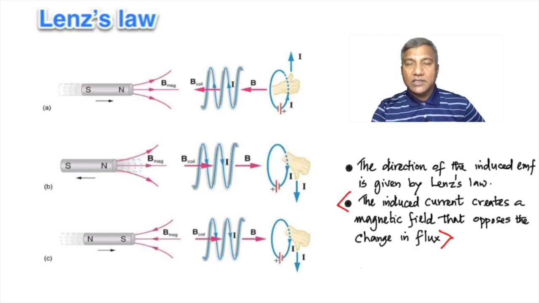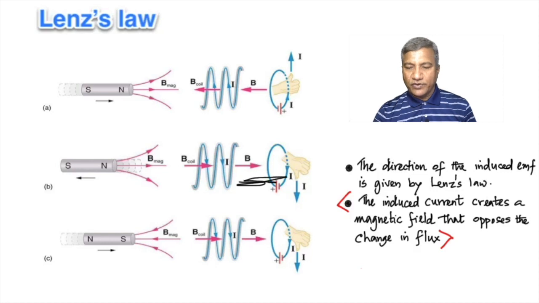Here is the second situation. Now you can see that the same magnet is moved away from the coil. That means the magnetic flux associated with this coil is decreasing because it's going away. Therefore, the induced current should be in such a direction as to produce a magnetic field in the same direction. You can see that.